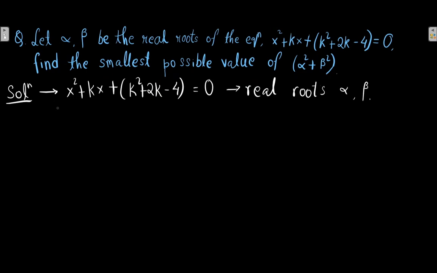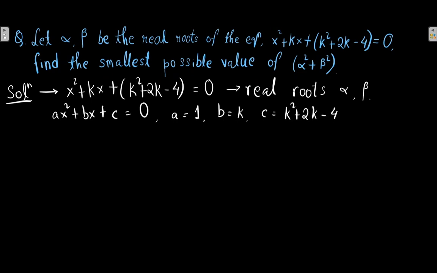Okay, so if we compare it with ax square plus bx plus c equal to 0, we get a is 1, b is k, and c is k square plus 2k minus 4. So if there are real roots, this implies the discriminant of the given equation will be non-negative.